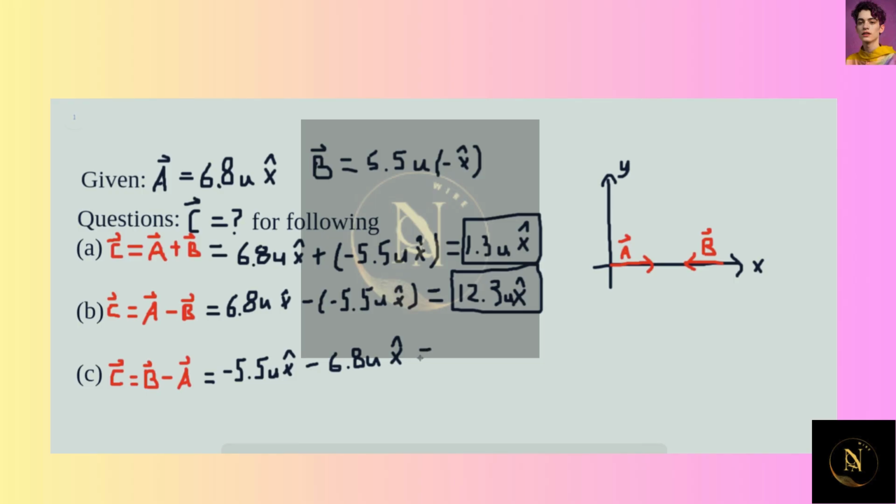Okay, well, negative 5.5 minus 6.8 is going to give us negative 12.3 units in the X hat direction. But we can just move that minus sign back over to the directionality of X, and that's going to be 12.3 units. And the directionality of this is in the minus X hat direction. Box that in as our solution to C.